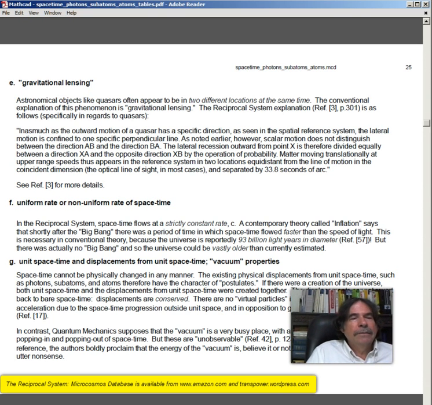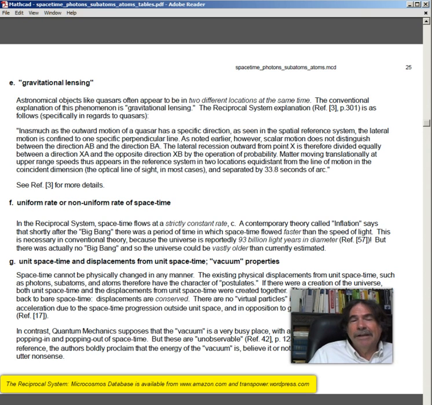F, uniform rate or non-uniform rate of space-time. In the reciprocal system, space-time flows at a strictly constant rate, c. A contemporary theory called, quote, inflation, says that shortly after the Big Bang, or I should say alleged Big Bang, there was a period of time in which space-time flowed faster than the speed of light.